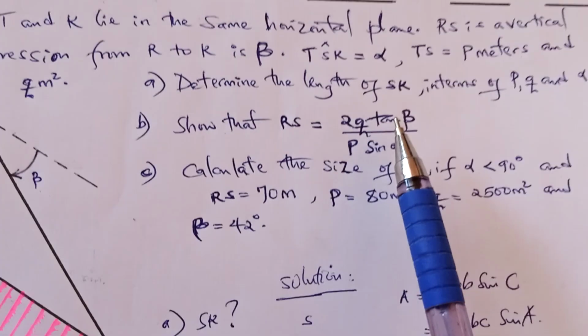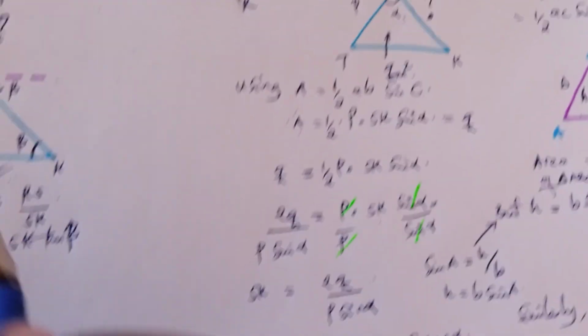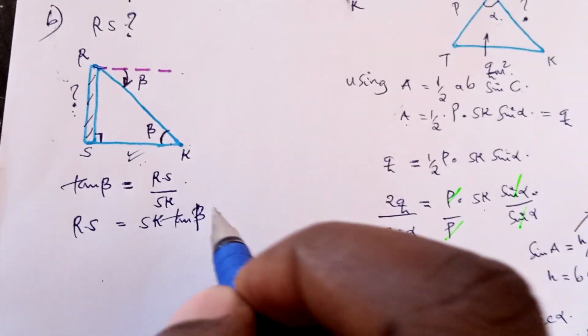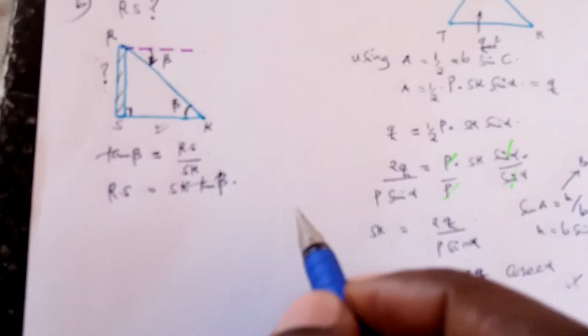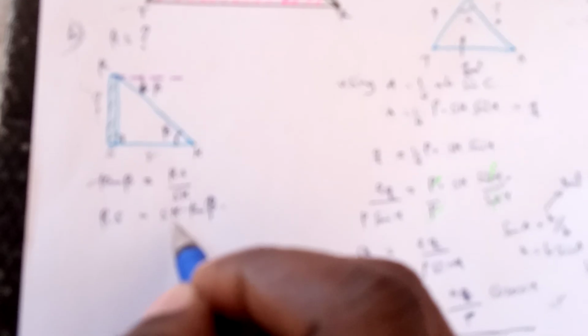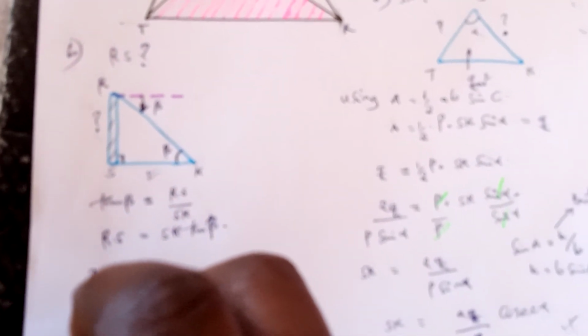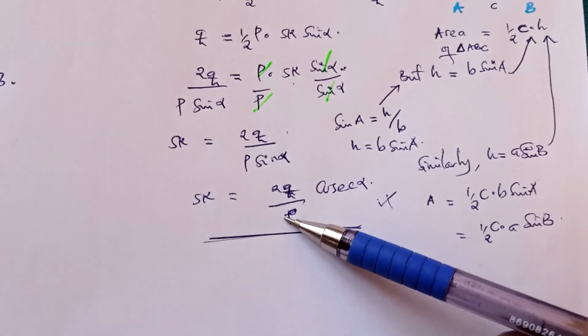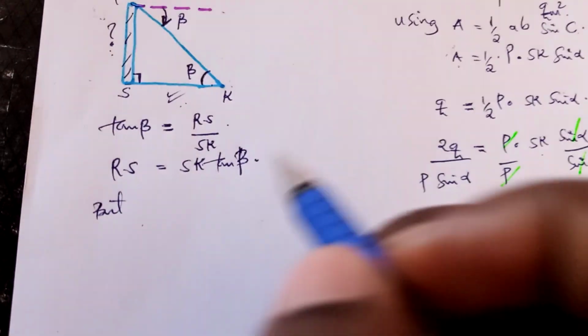We have tan beta. So let us proceed and punish this question. But we know that from above we got our SK. Let us substitute it here.